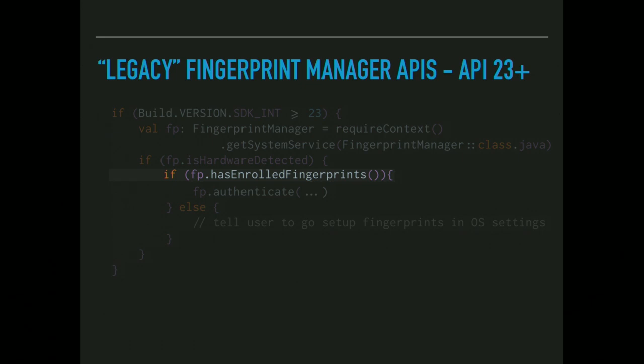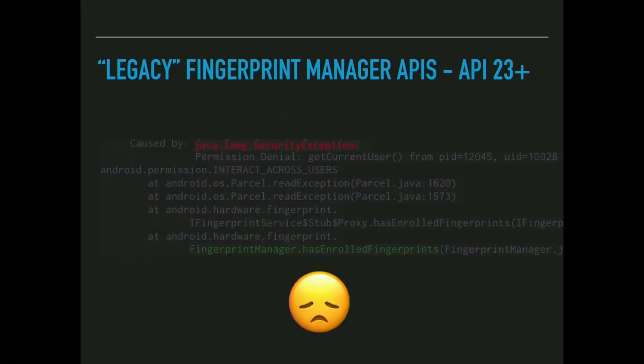One thing to note is that this has enrolled fingerprints call, on certain devices on API 23, there are certain devices that have no fingerprint hardware, but if you call this, they will throw this exception. So if you're not careful and you call this and you haven't checked if the hardware exists, you may get this exception, which will crash your app on API 23 devices.